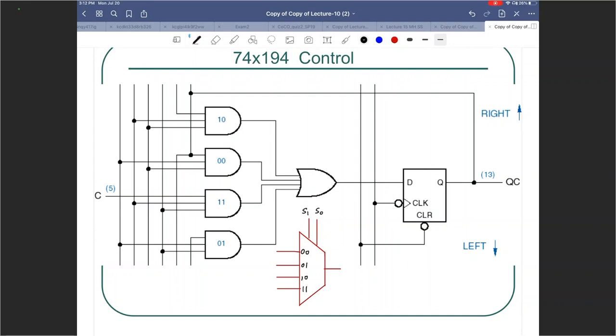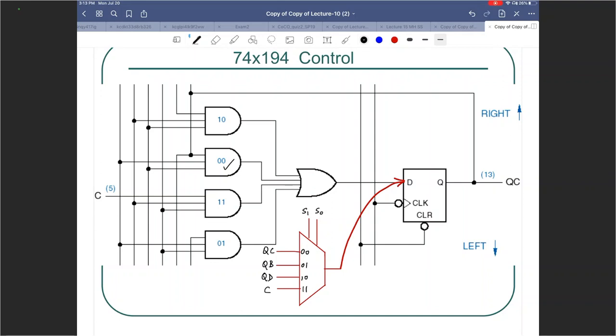And that bit essentially is connected here, right? The input to that is, when it is 0, 0, it is QC, and when it is 0, 1, QB, when it is 1, 0, QD, and when it is 1, 1, C.